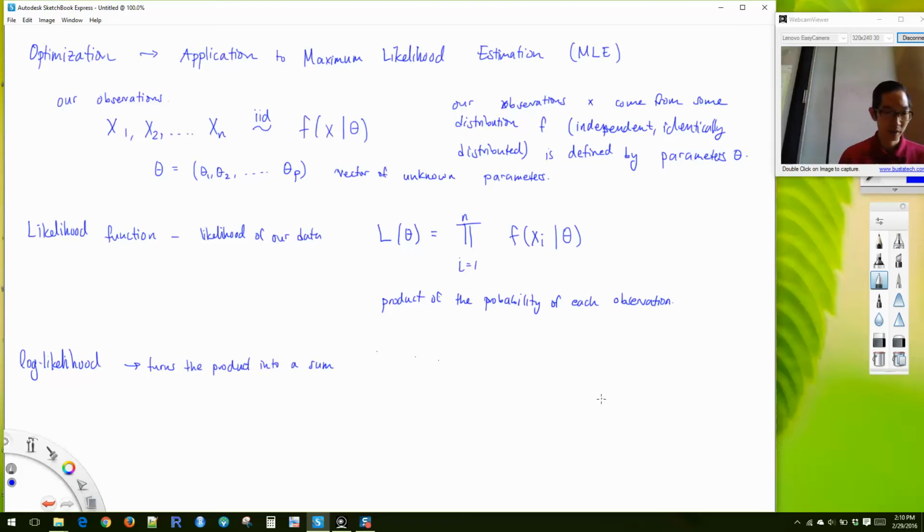We often use lowercase l, and this is just the log, generally base e, of the likelihood function. So everything just becomes a sum, the sum of the logs.